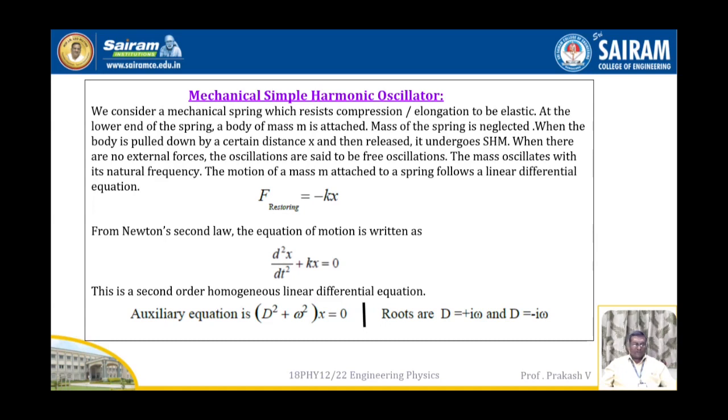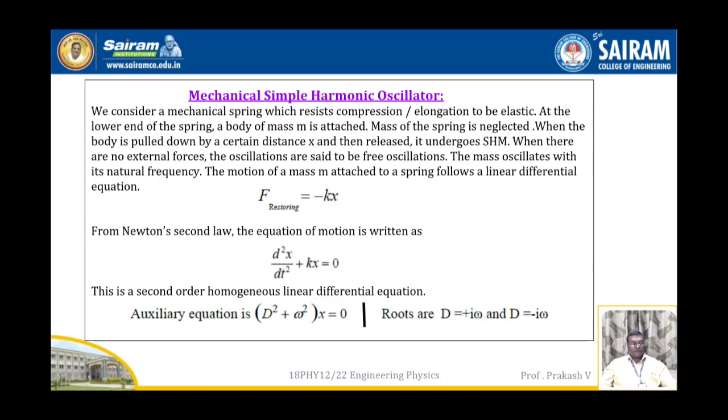This equation is considered a second order homogeneous linear differential equation. Further, the auxiliary equation is D square plus omega square into x is equal to 0. Here the value of D is plus i omega and minus i omega.